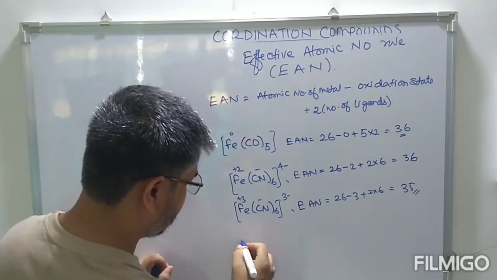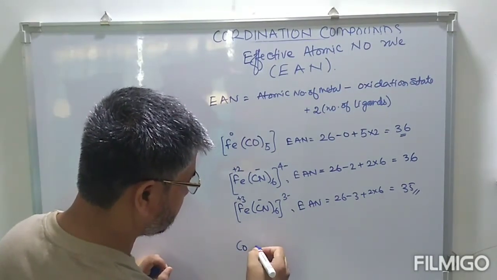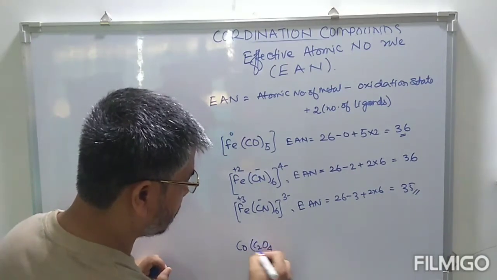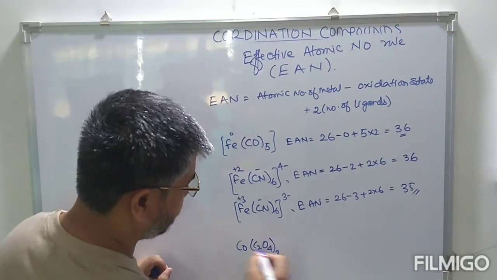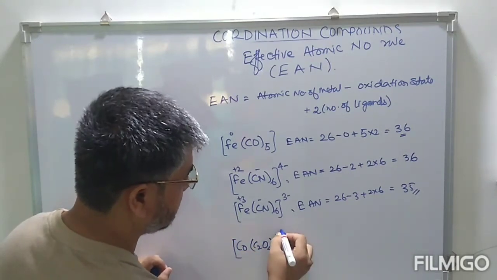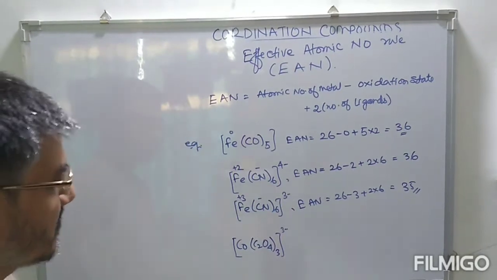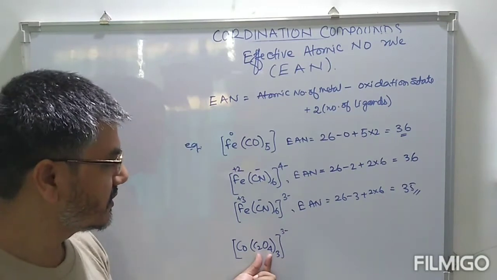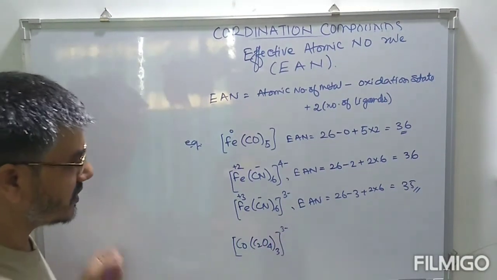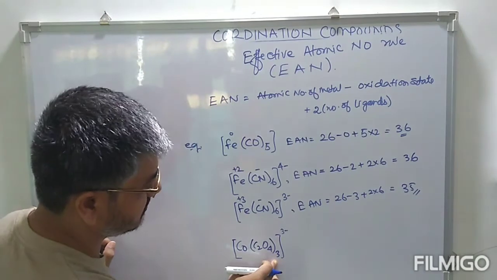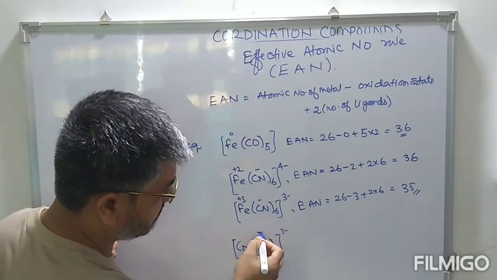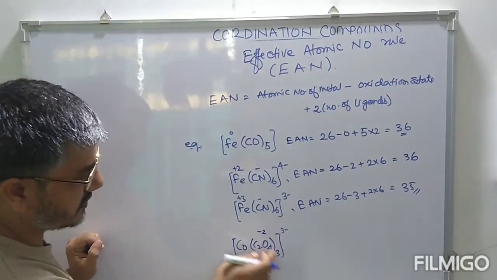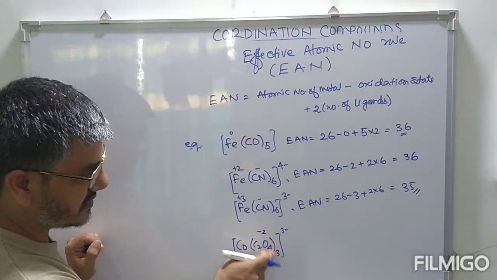Take this, Co(C2O4)3 3 minus. So cobalt is bonded to 3 oxalate ions. Each oxalate ion is having minus 2. The total negative charge is 6.